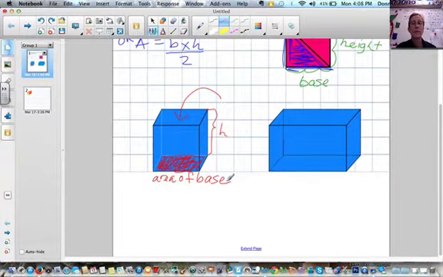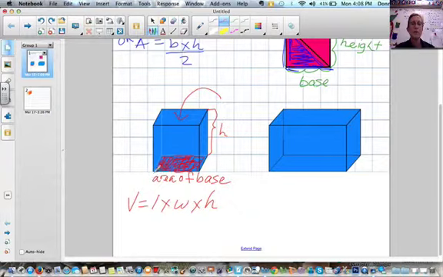And so the way we write that, remember earlier we were talking about two-dimensional, finding the area. You could say base times height. Another way you could say that is length times width. So sometimes when you see the formula written for the volume of a prism, you'll see length times width times height.